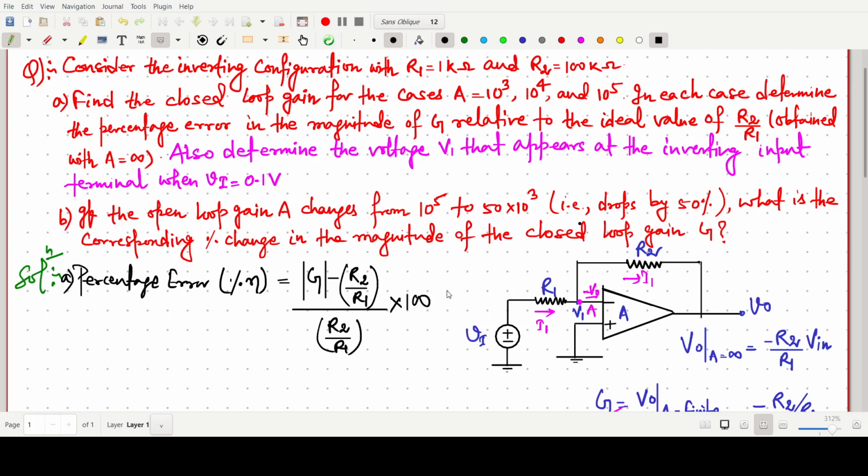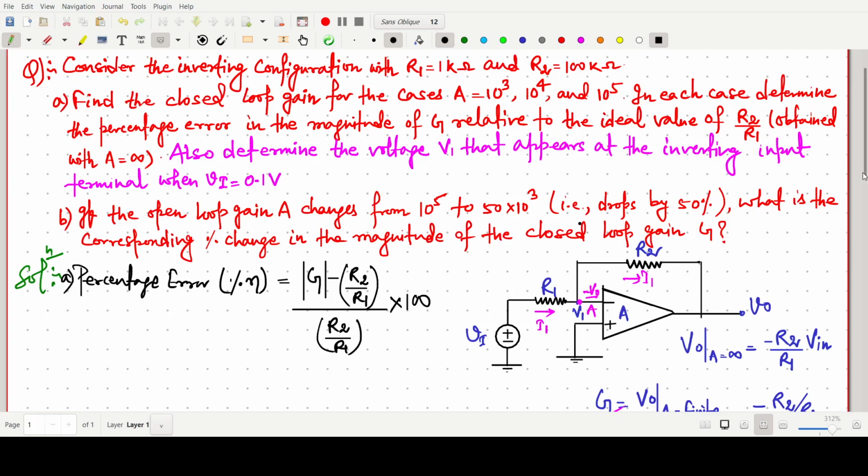That is the percentage error of the gain relative to the ideal value R2 by R1, in part 1.